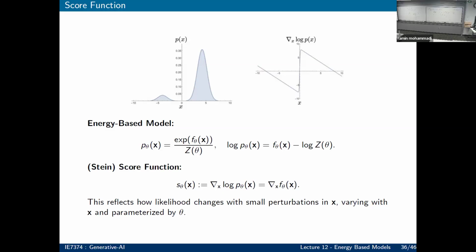So there is an S theta, a model that can approximate this. This is equal to the gradient of the function. So these are all the same term, just for you to see that. The original function is f theta.